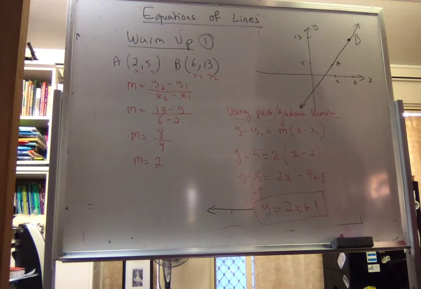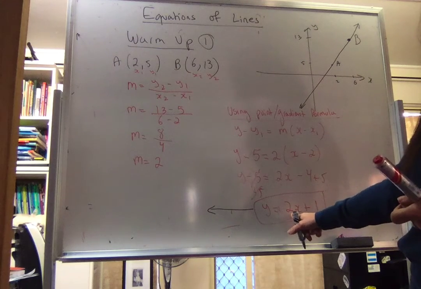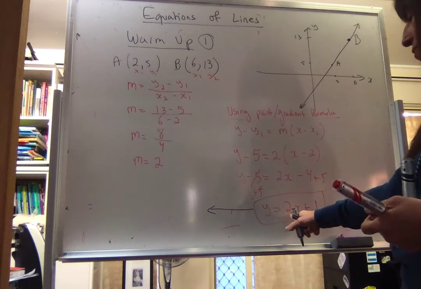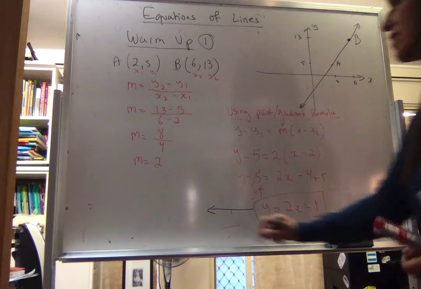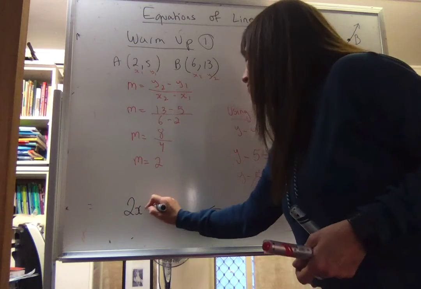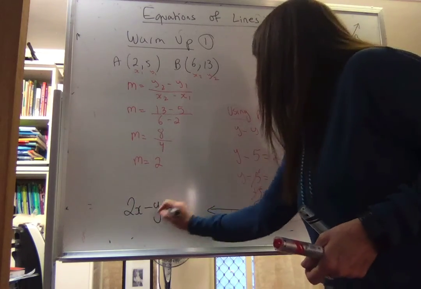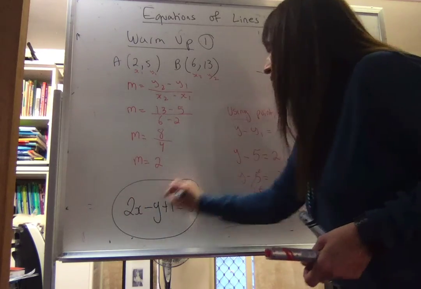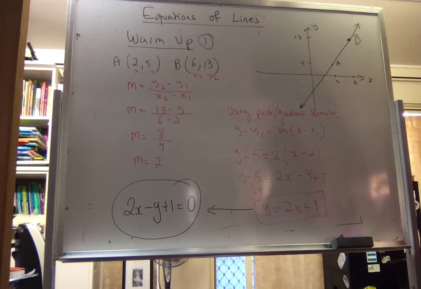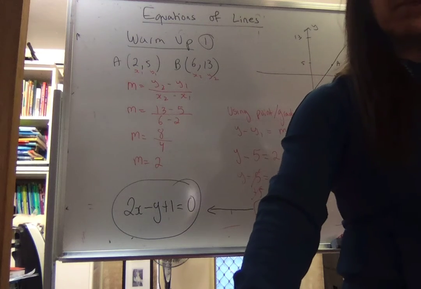Into the general form, the coefficient of x must be greater than 0, so it must be positive. It already is, so I need to bring the y to this side. So that becomes 2x minus y plus 1 equals 0. And here is my general form. Okay, good luck with the rest of the questions.